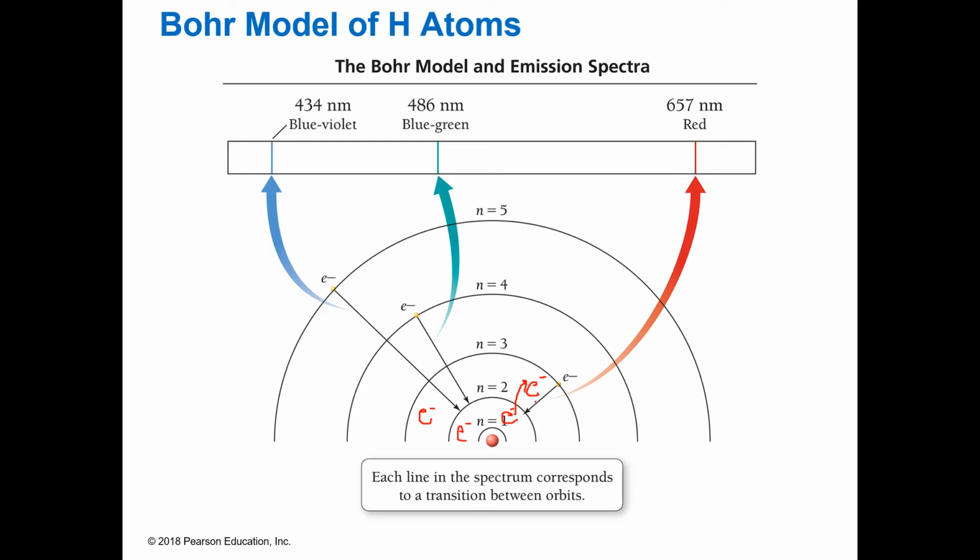The moment you stop feeding it that energy, it's going to come right back down here, because it's going to want to go to its more stable state. So let's pretend these two are equal. Once it comes right back down here, all that energy that it took to get up here is now going to be released. And that's what it means by releases radiation. It's going to release energy out into the environment that it's in.